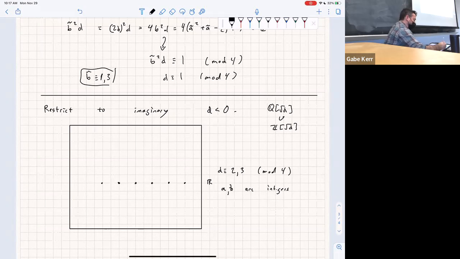And then I've got things that look like A plus B times the square root of D. The square root of D is negative, so this is the square root of the absolute value of D times i.